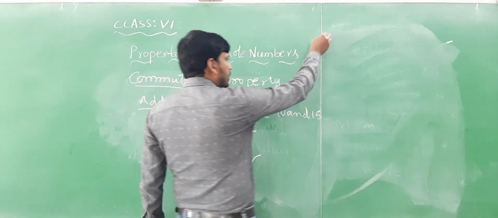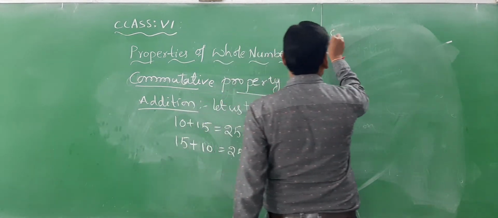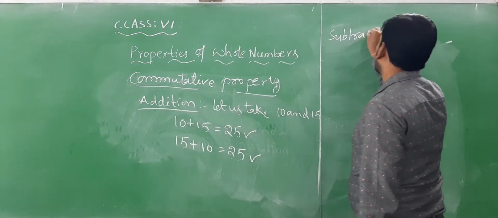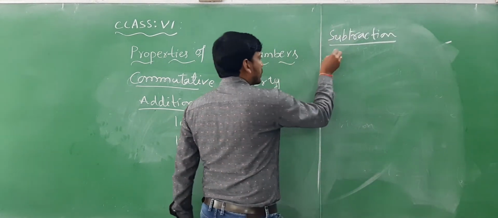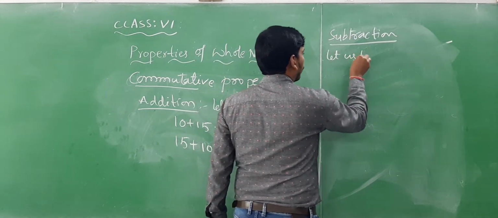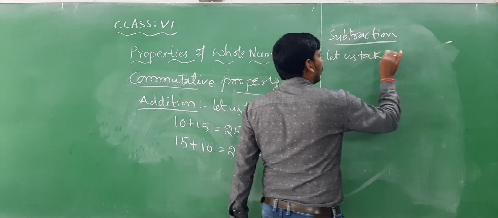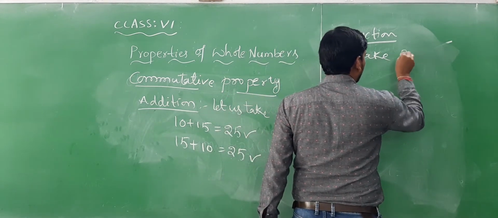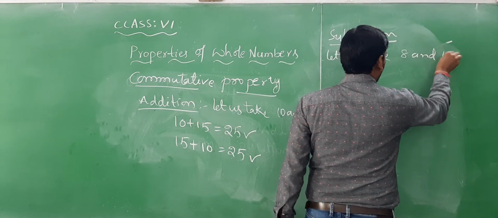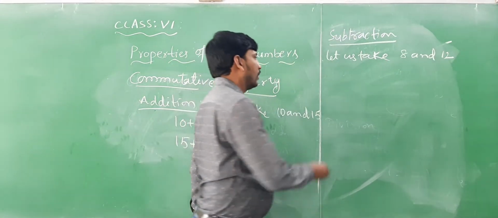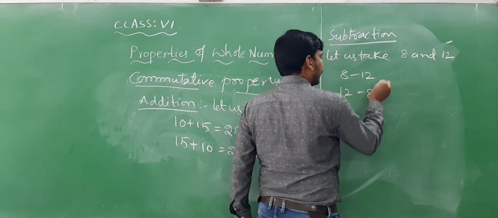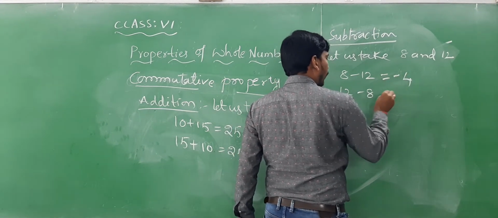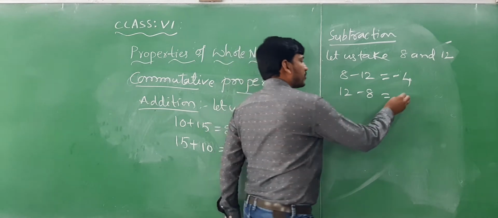In the same way, we can check for subtraction. Let us take two numbers, 8 and 12. Now we need to find the value of 8 minus 12 as well as 12 minus 8. 8 minus 12 is minus 4 and 12 minus 8 is plus 4.